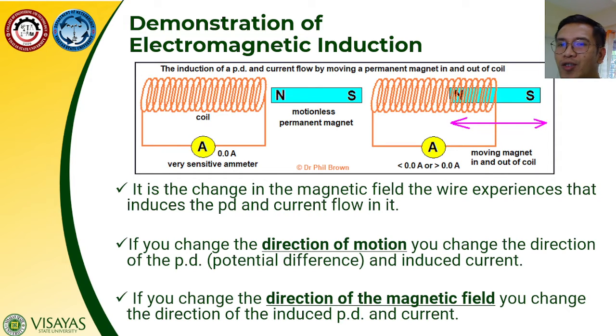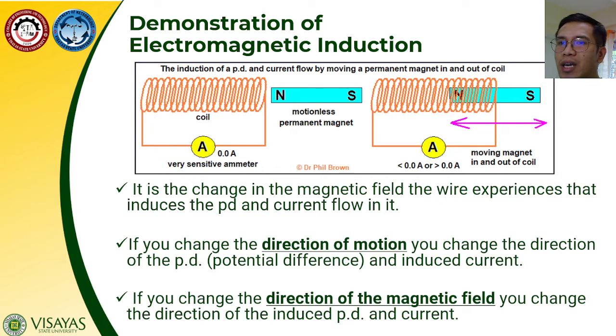It is the change in the magnetic field that the wire experiences that induces the potential difference and current flow in it. So to start with, keeping the poles of the magnet pointing in the same direction.